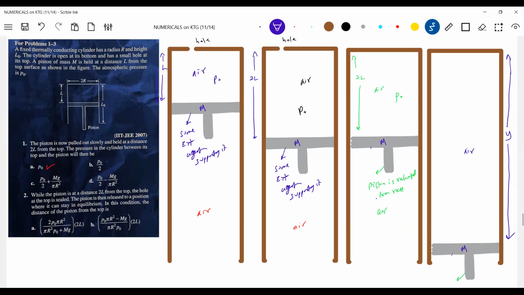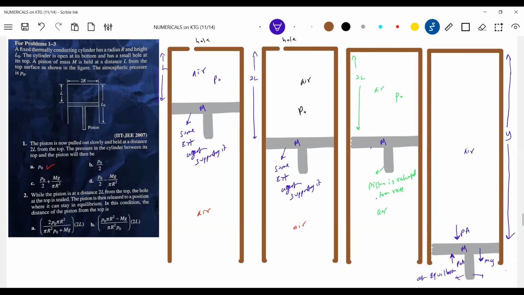So it is at equilibrium. I'll write on this side. The forces acting on the piston are the gas pressure times A, the weight of the piston mg, and P naught A. These are the forces acting on the piston.